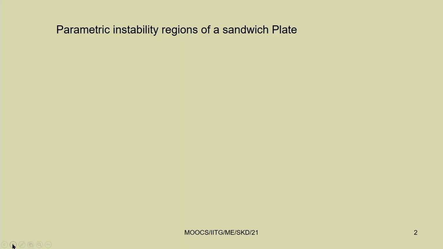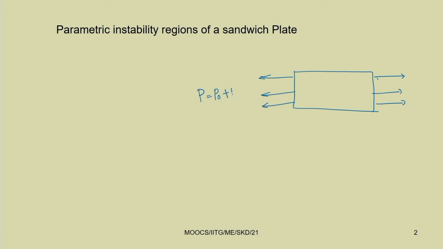So, already you know a beam or plate can be parametrically excited, for example. In case of this plate, if it is subjected to a force, let us apply the force P equal to P 0 plus P 1 cos omega t, on both sides.